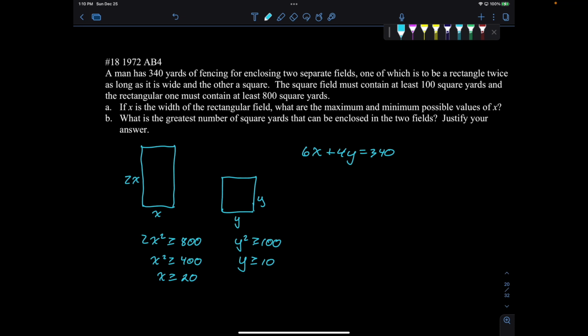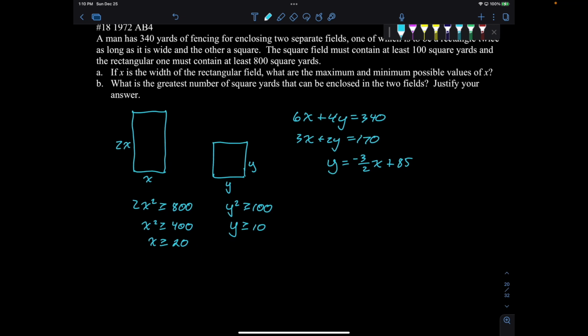Let's divide by 2. 3x plus 2y is 170. So then y is equal to negative 3/2 x plus 85, which is kind of gross.